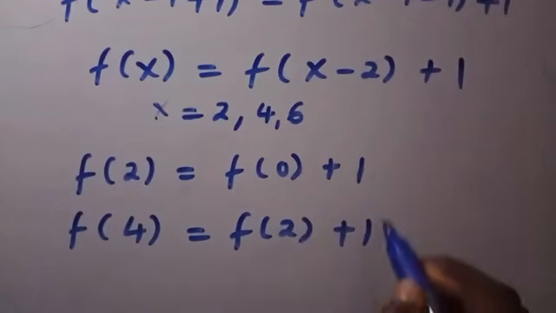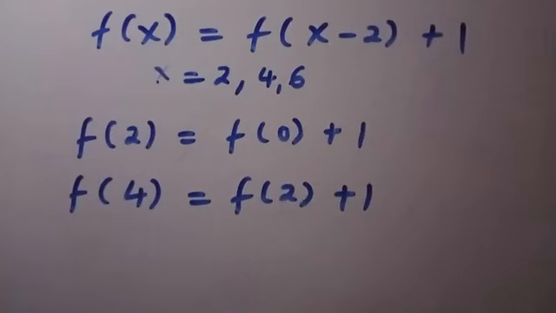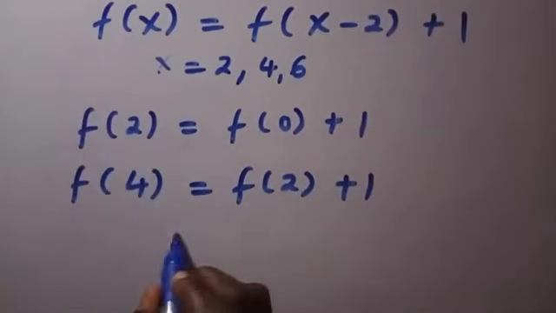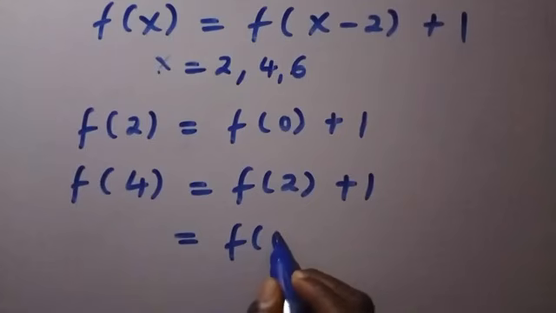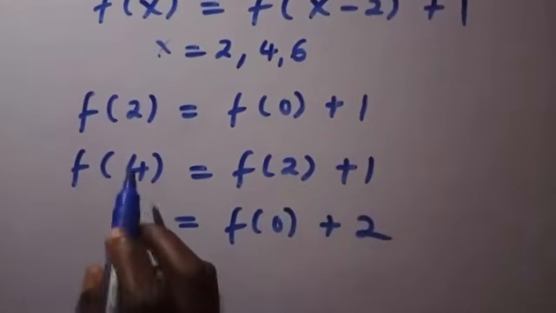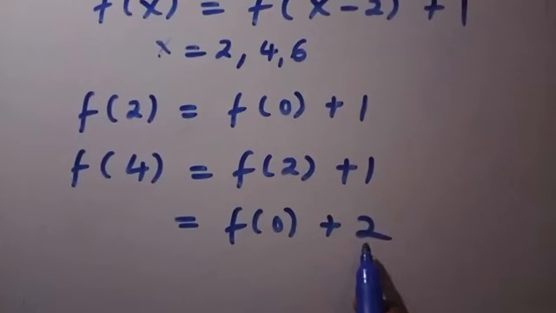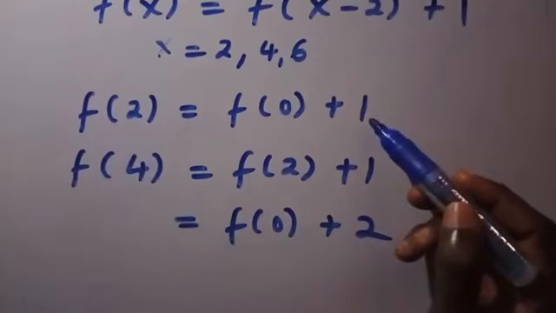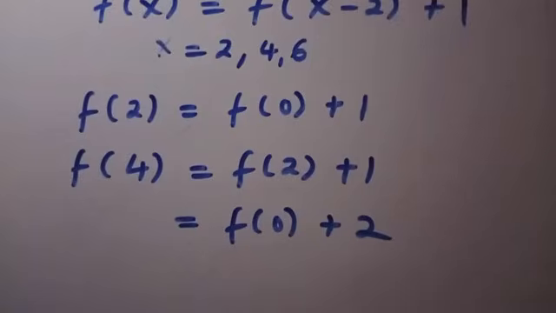But what is the relationship between these? If we replace f(2) by this, we have f(0) + 2. So f(4) increased by 1 compared to f(2), when the input increases by 2.